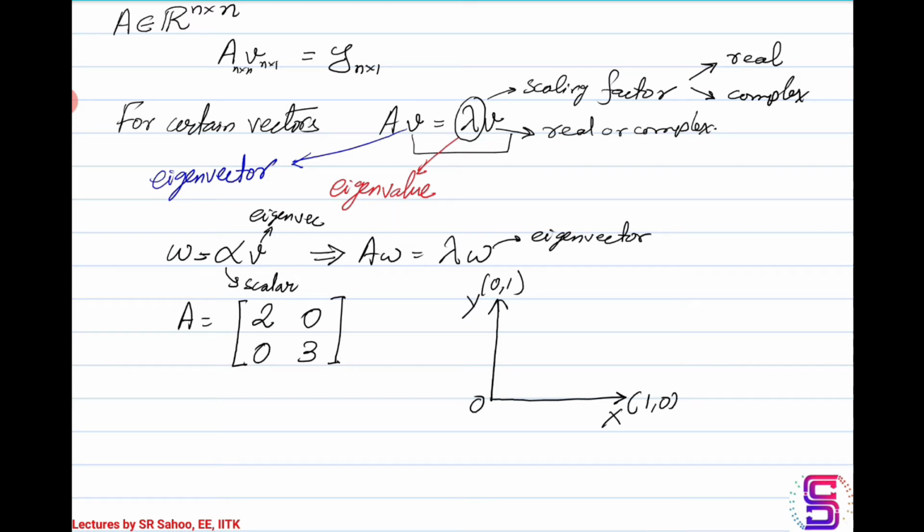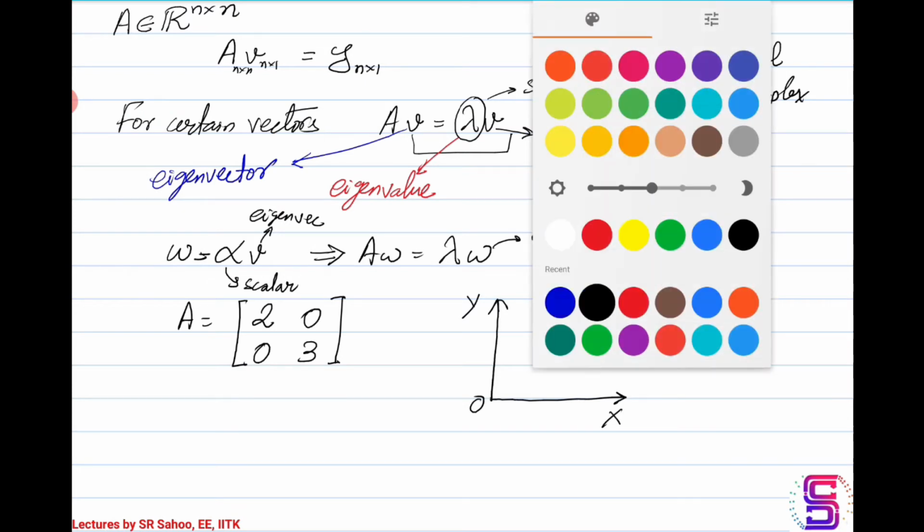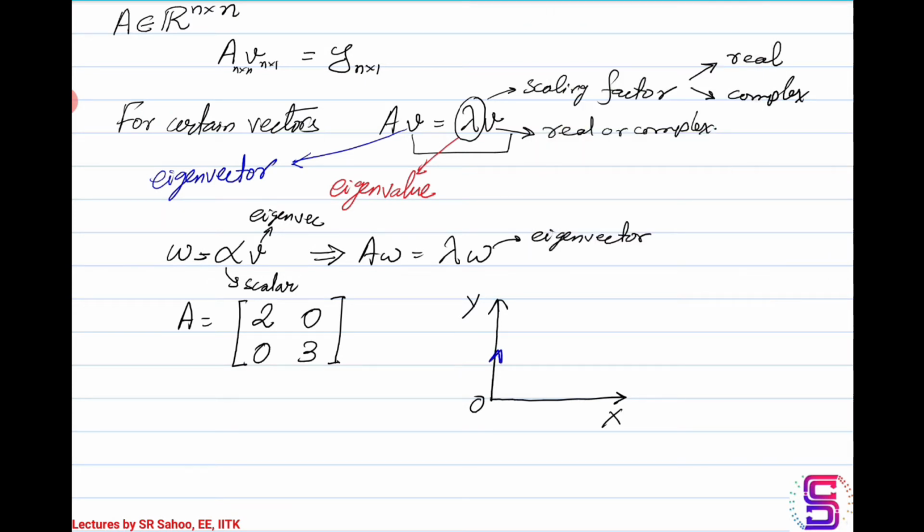So here, let's say this is the 0 1 vector, and this is the 1 0 vector.